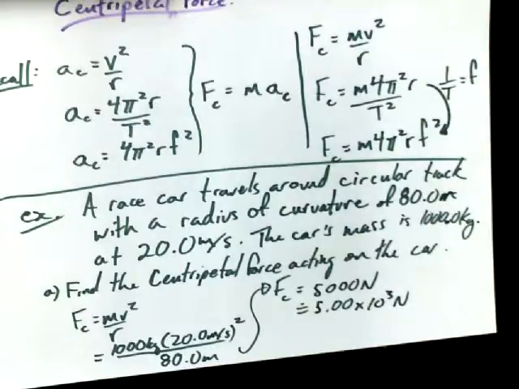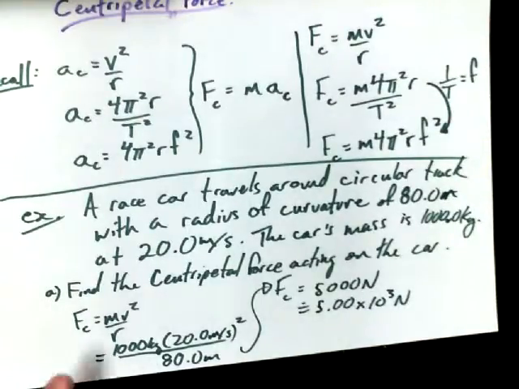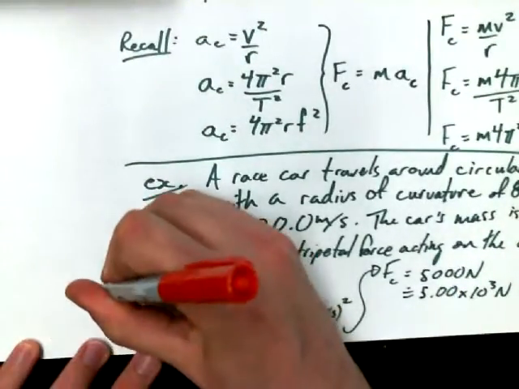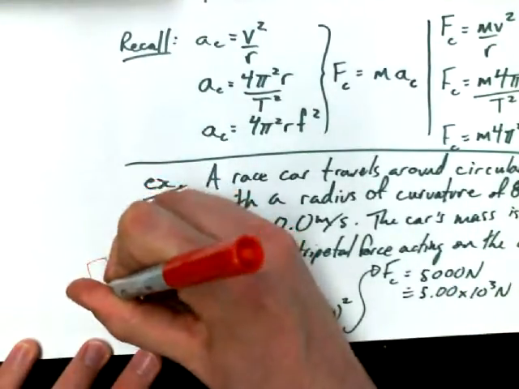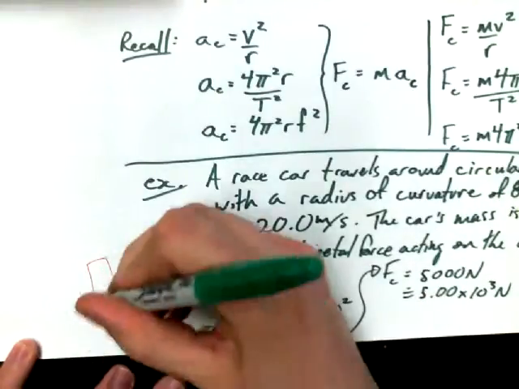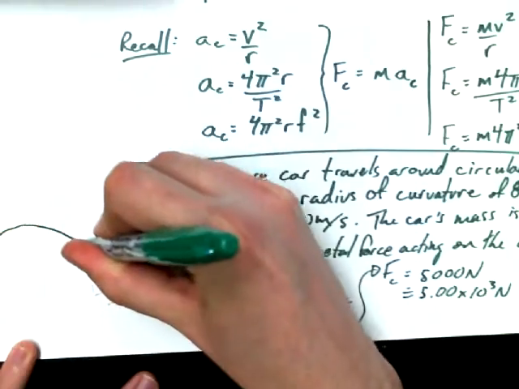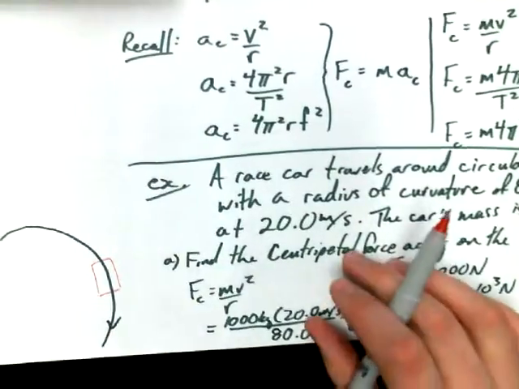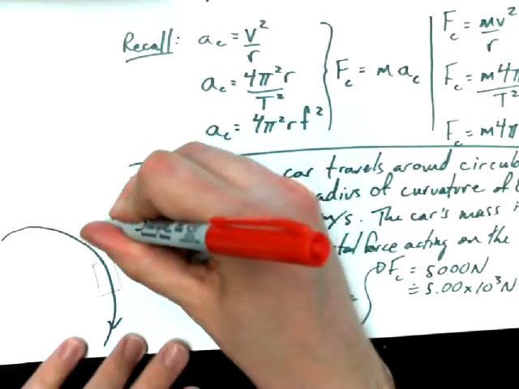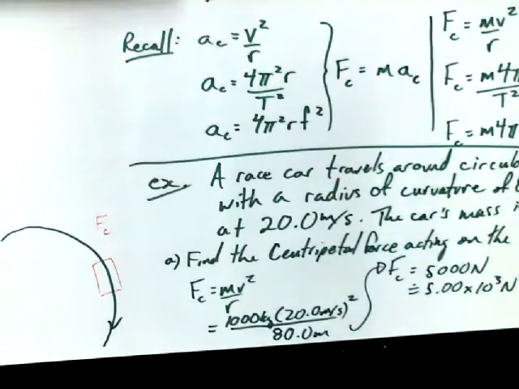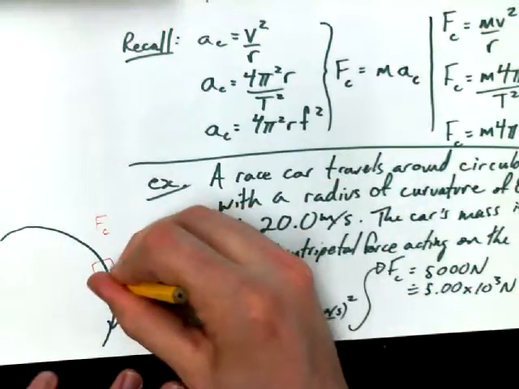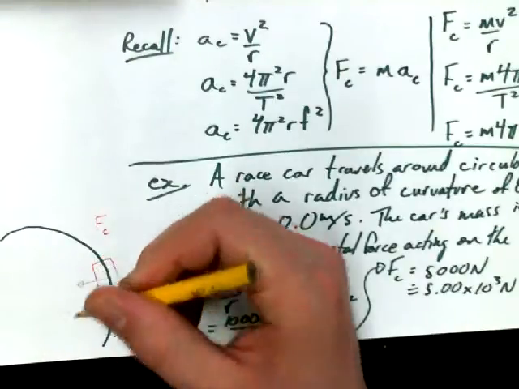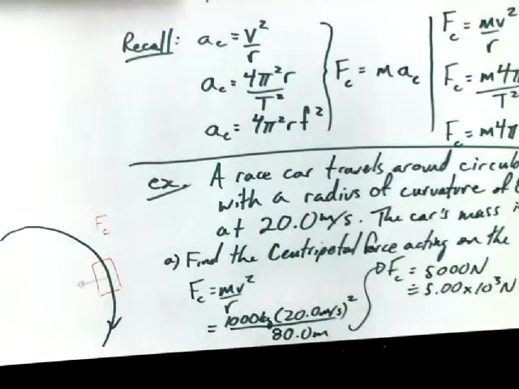Fc equals mv squared over r. Centripetal force is something special. If I draw this car going around the track, the car itself is going to follow a circular path, fine. And people are really tempted, if you calculate Fc, to draw a free body diagram where the Fc is attached to the car.